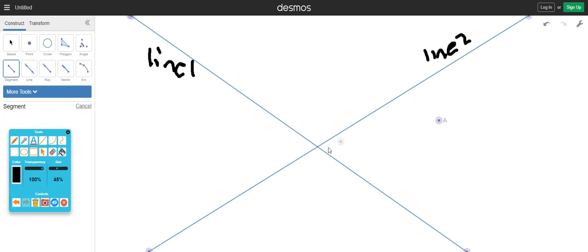So we're going to draw in a radial, and we're going to label this distance right here as x. And then we want to reflect A all the way over line 1. So I'm actually going to label this middle part y.